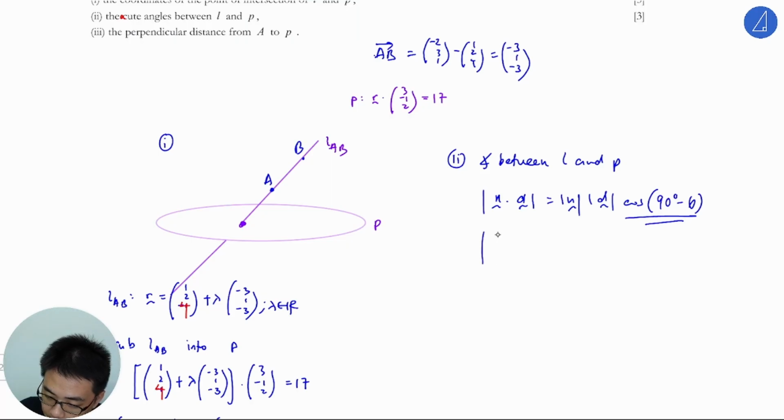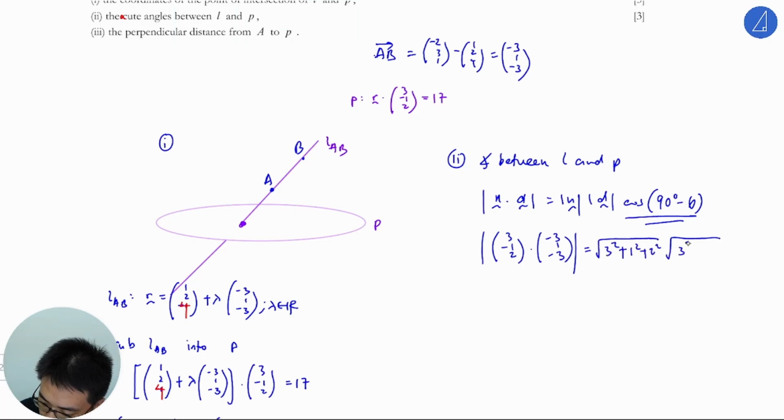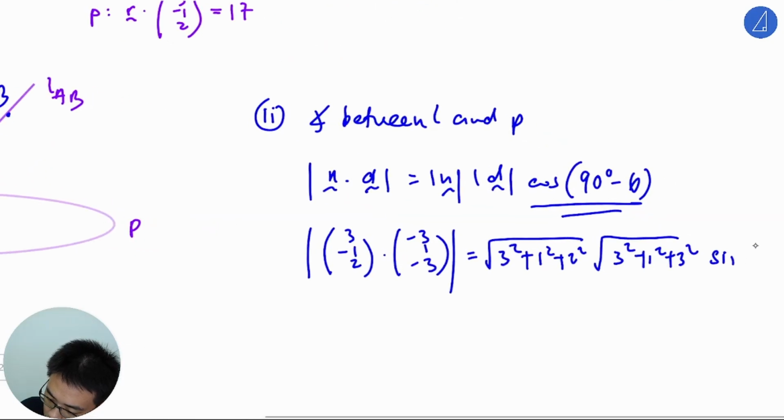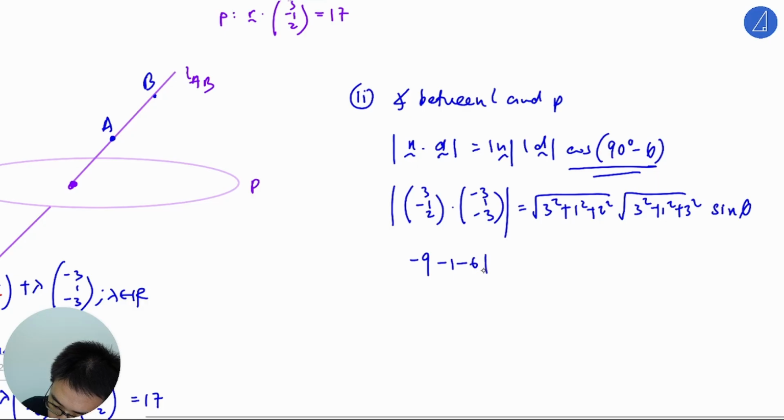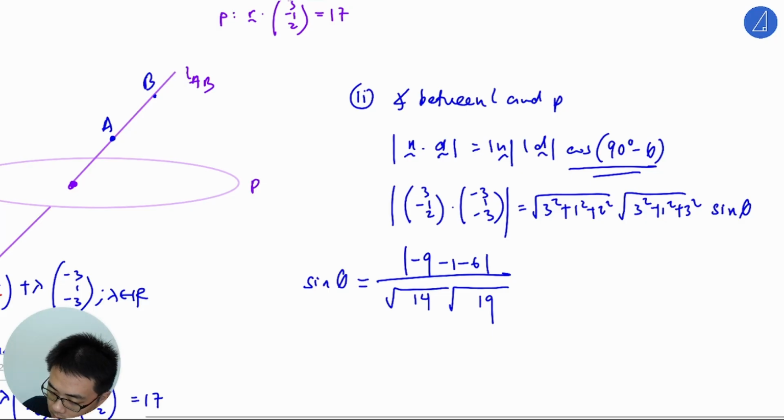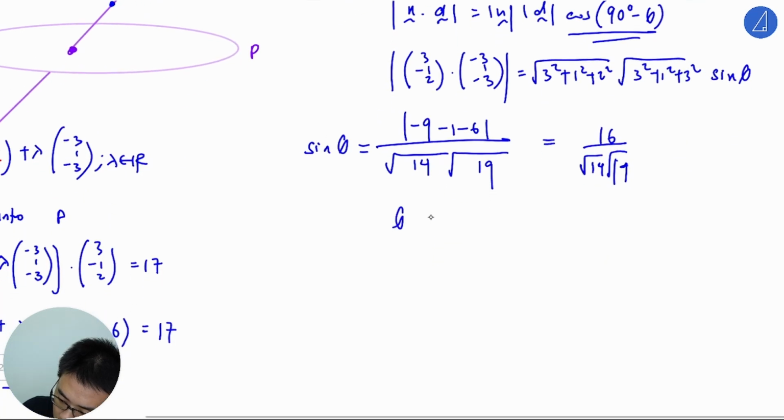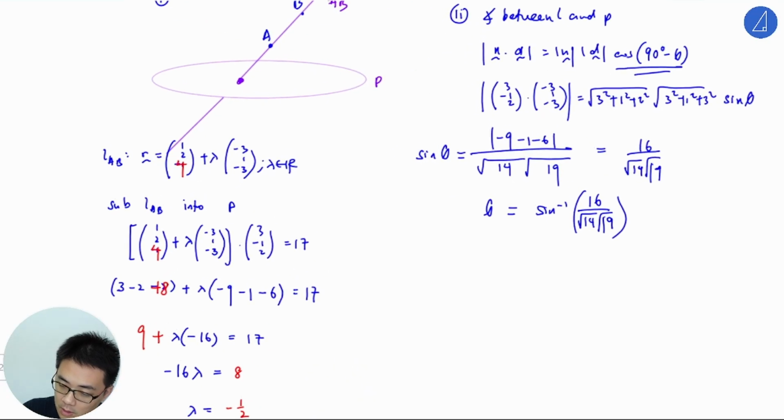So this will be, okay, so this is minus 9, 14, 19, okay, 28.8 degrees, 1 d.p.